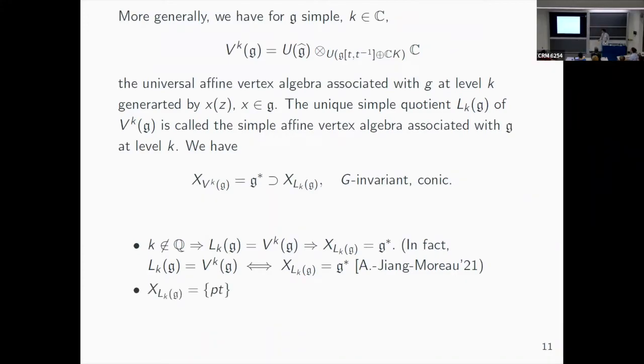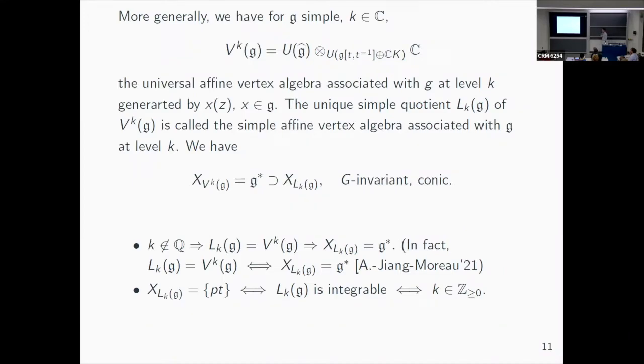And on the other extreme, there are cases when the associated variety of the simple one is just a point. And this happens if and only if L_k(g) is integrable. And this happens if and only if k is a non-negative integer. So this is certainly an example of a quasi-lisse vertex operator algebra because a point is just one orbit. But this is unitary, so this doesn't appear from a four-dimensional theory.